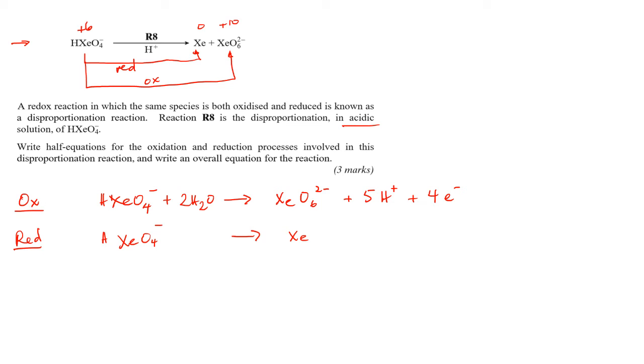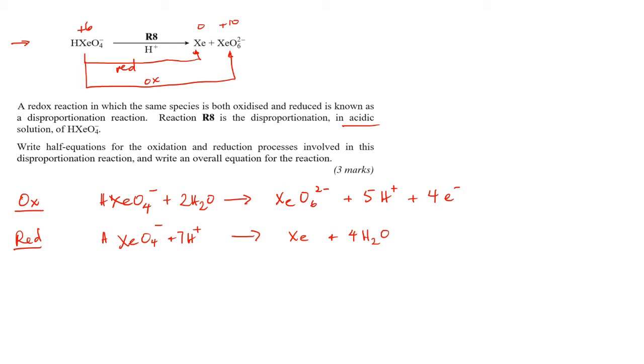So the next step is to balance our oxygens. We've got 4 oxygens on the left, none on the right, so we're going to put 4 waters on the right-hand side. That balances our oxygen. Now we have to balance our hydrogens. We've got 8 on the right-hand side and 1 on the left-hand side, so we're going to have to add 7 hydrogens on the left-hand side.